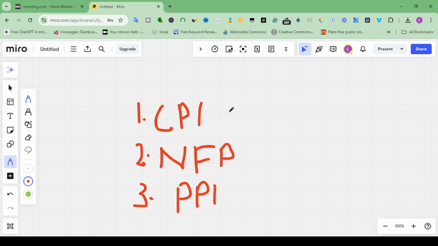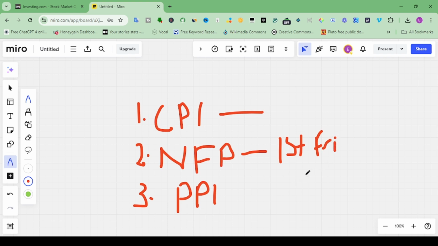Each of these news has its schedule. The NFP comes out every first Friday of the month.